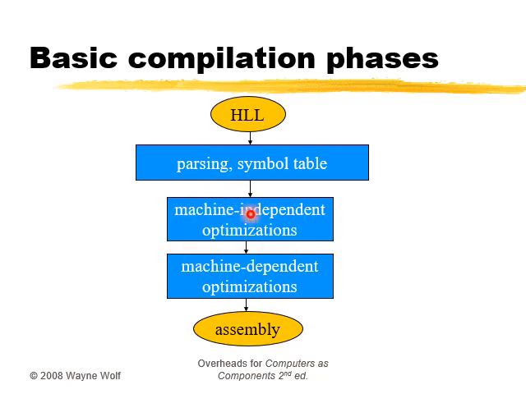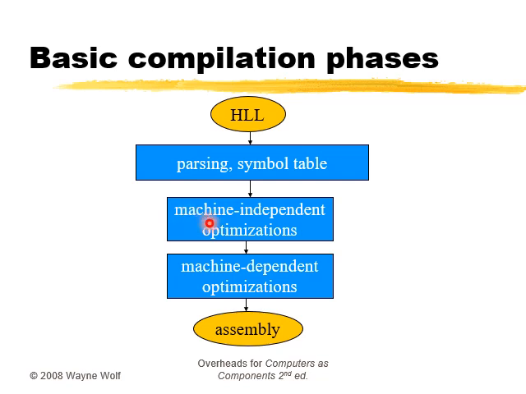Some compilers may then perform high level optimization. After breaking the code and generating the symbol table, some compilers can perform high level optimization that can be viewed as modifying the high level input. So in machine independent optimization, we basically modify the high level program input rather than instructions.